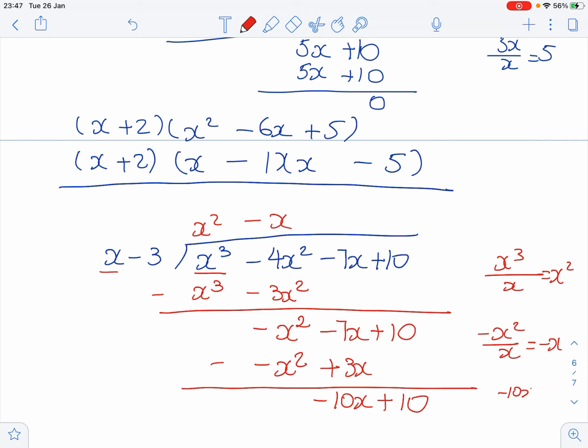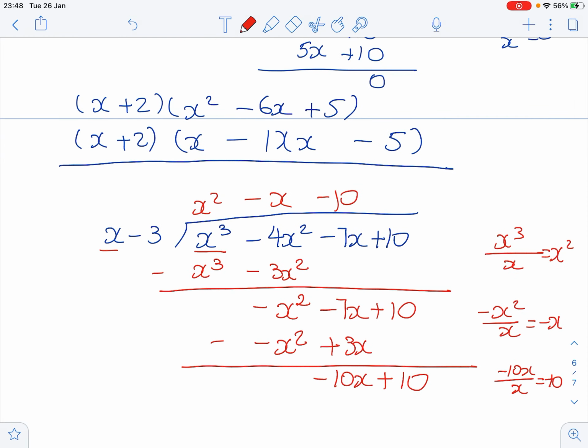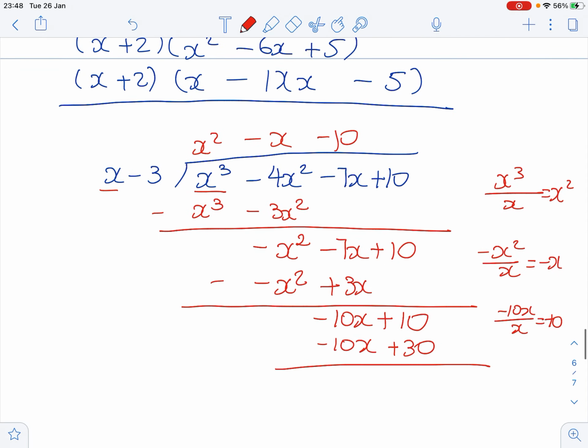Then we have minus 10x divided by x equals minus 10. So we have minus 10. So minus 10 times x is minus 10x, plus 30. Then subtract them. So we have a remainder of minus 20.